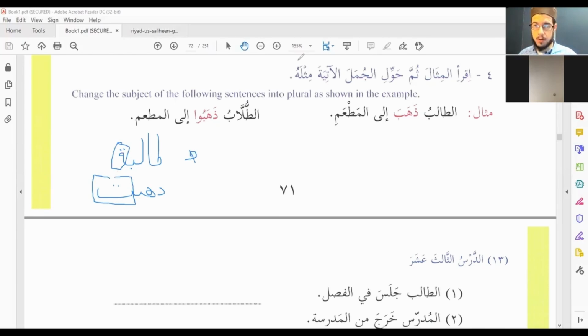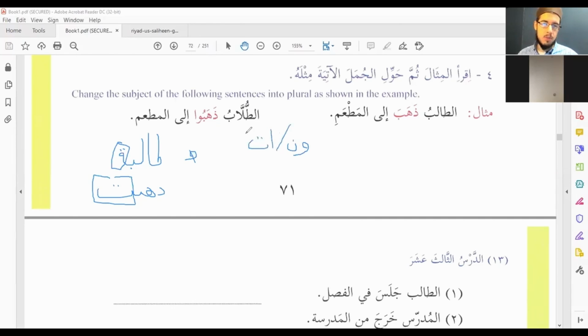Okay, and now we're in the plural, and we're going to see very, very similar things. When it comes to nouns, we talked about the different ways to indicate the plural, right? If it's sound masculine, it's going to be un. If it's sound feminine, it's going to be at.